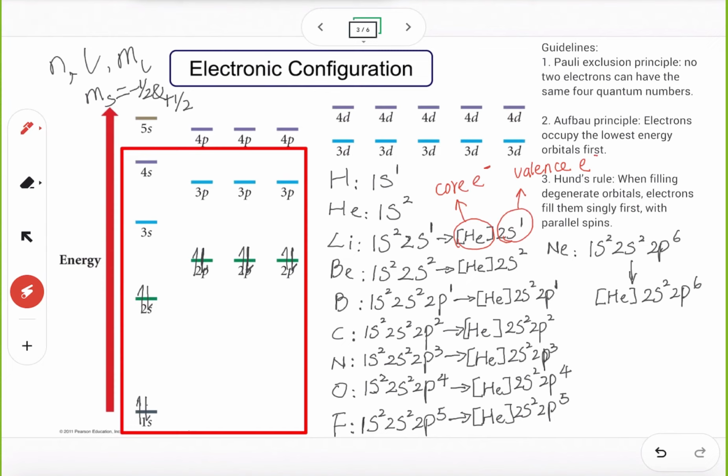Okay, let's use fluorine as another example. For fluorine, helium is the core electrons. So this 1s2 will not be part of the chemical reactions for fluorine. But these 7 electrons are valence electrons because they will be part of the chemical reactions.